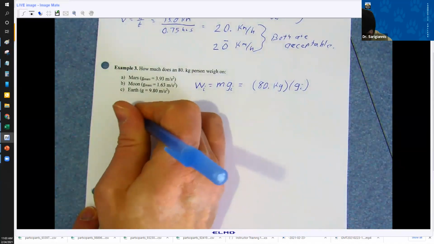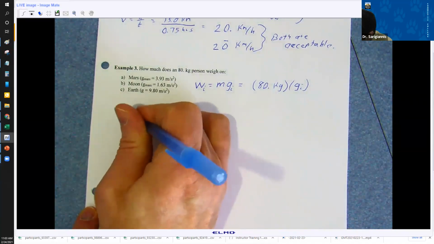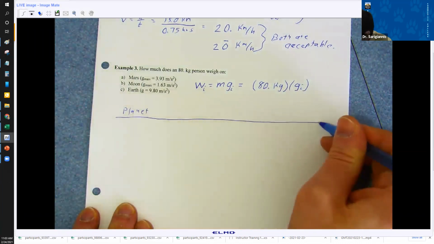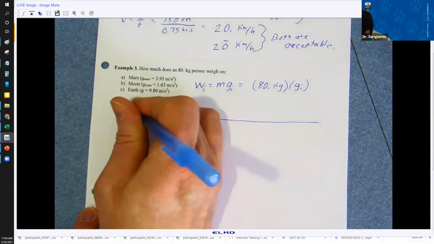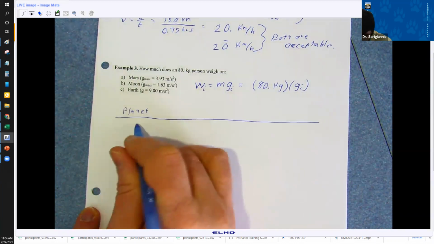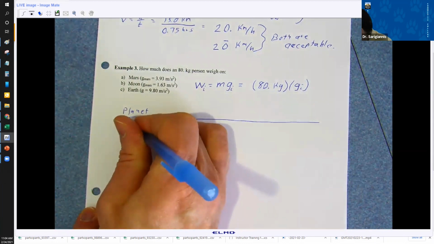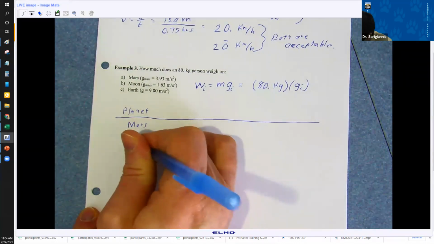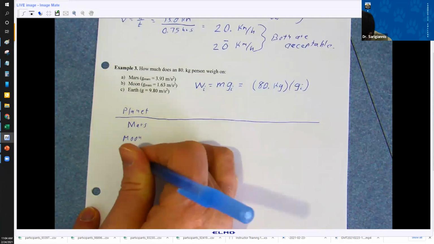So let's make a table here. We'll put planet. I guess technically the moon is not a planet. Put location. It doesn't matter. All right, so we've got Mars, Moon, and Earth.